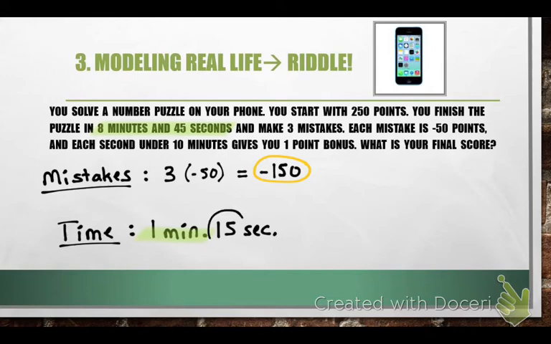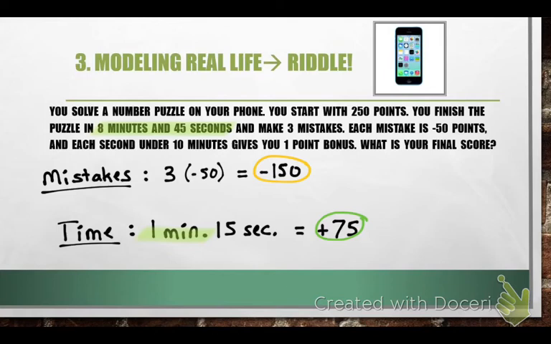So what would 60 plus 15 be? 75. Do I get 75 positive points or 75 negative points? Positive, okay? It says a bonus point. Bonus is a good thing. Let's also circle that because that's important, but it's not my final answer.